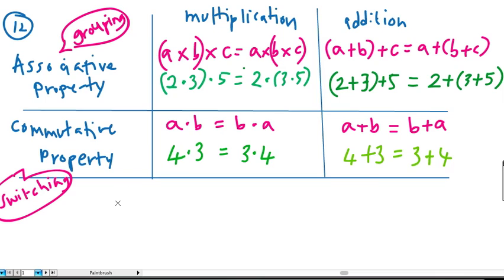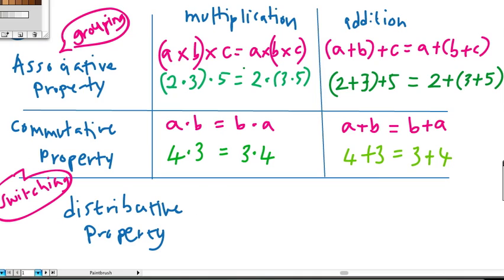Now we're almost through with this question, but it also asks us about the distributive property. Distributive property, that's a P. Really, the key words here are to multiply out.